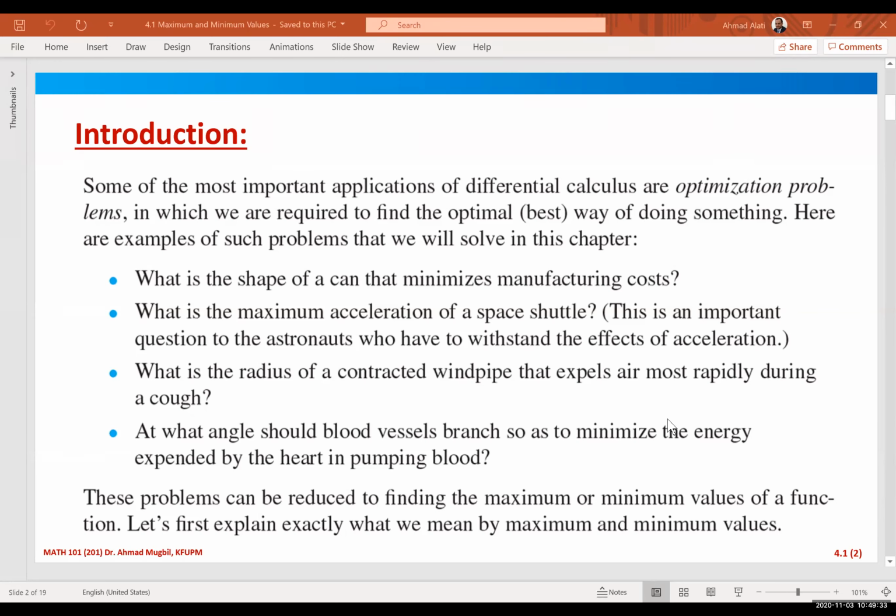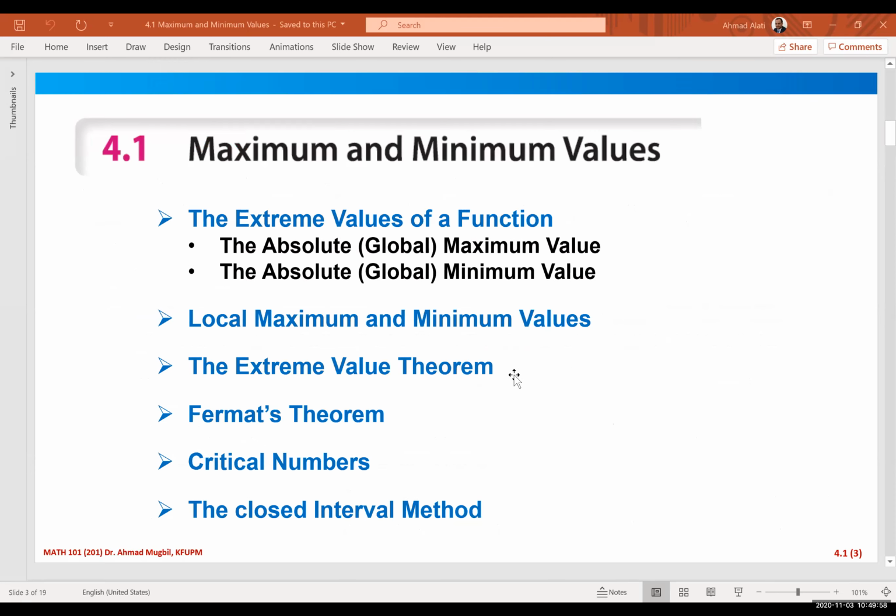What is the radius of a concrete pipe that makes it most effective? What is the angle that we should have for balancing the energy and pumping the blood, for example, in medicine? It is about the maximum and the minimum, the best optimal case that we could have. But we will do that with the help of the derivatives.